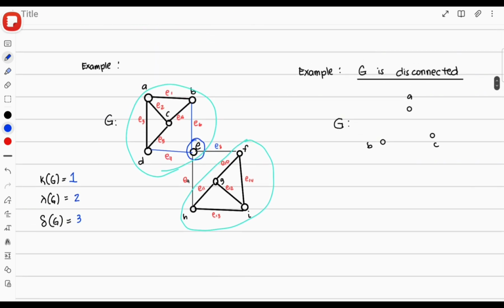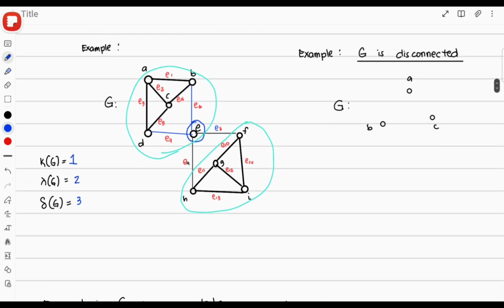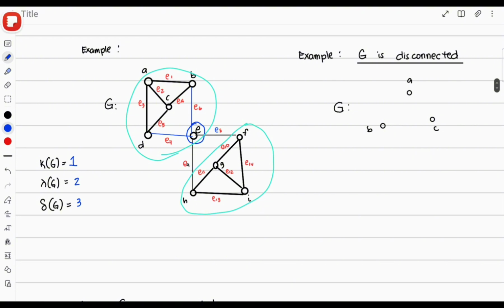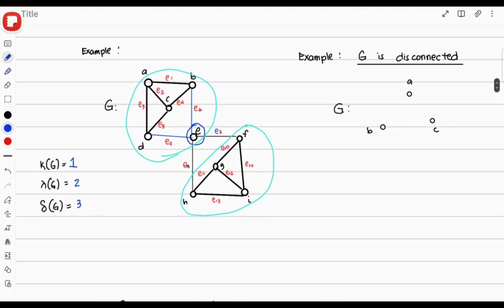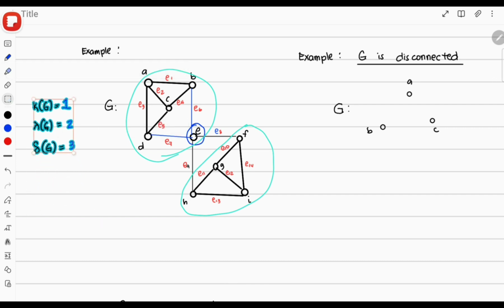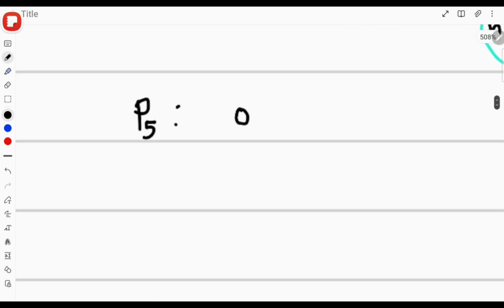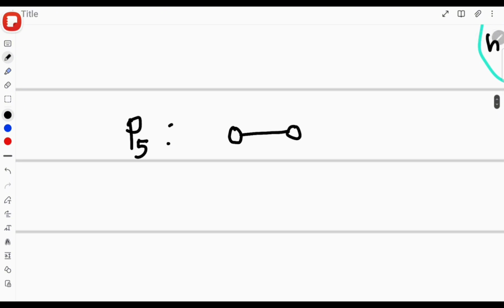Now let's try another graph. How about a path graph, P5, with vertices 1, 2, 3, 4, 5.